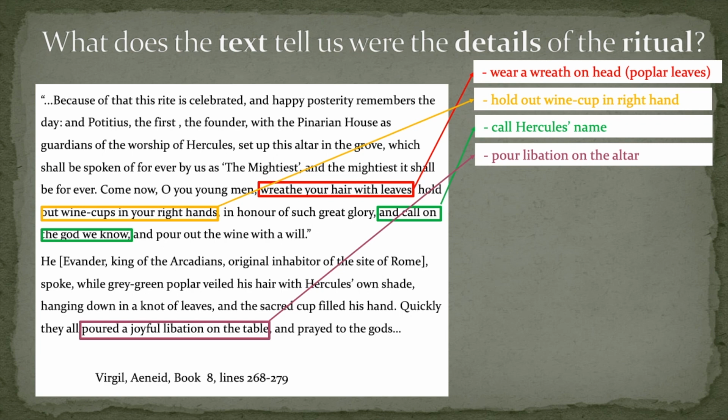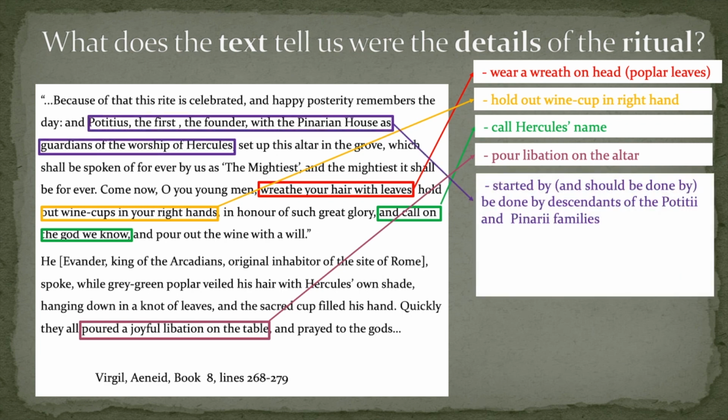Well, Potitius the First, the founder with the Pinarian house as guardians of the worship of Hercules, that tells us who this ritual was actually started by, a man called Potitius and Pinarius. They headed up the Potitii and Pinarii families. And so originally those families were the ones who were responsible for making sure the worship of Hercules went ahead.